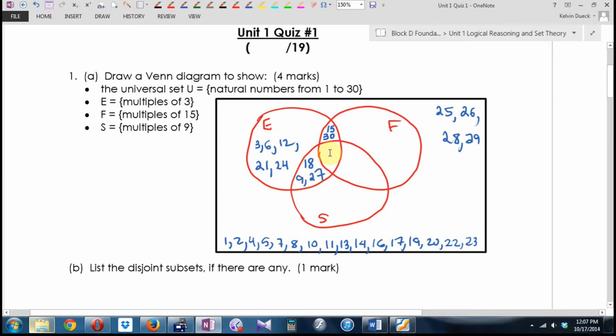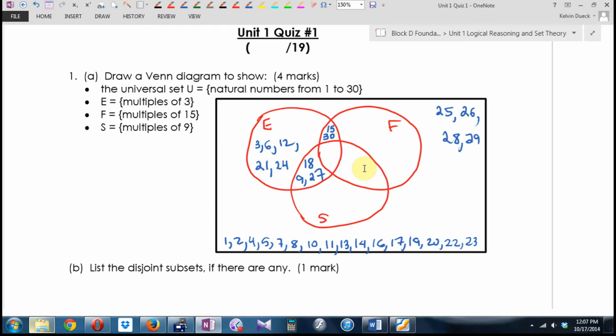There's nothing that belongs to all 3. You should have nothing between S and F. There are no numbers less than 30 that 9 and 15 go into. If I had extended this up to 45, 45 would have been the first number that both 9 and 15 go into evenly. So 1 mark off for each number that's wrong.